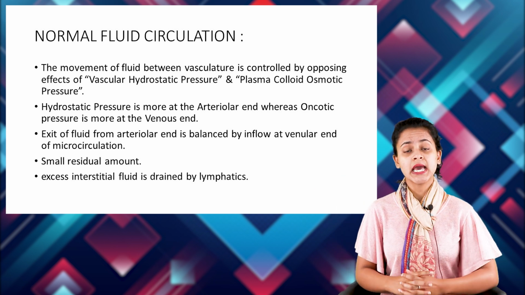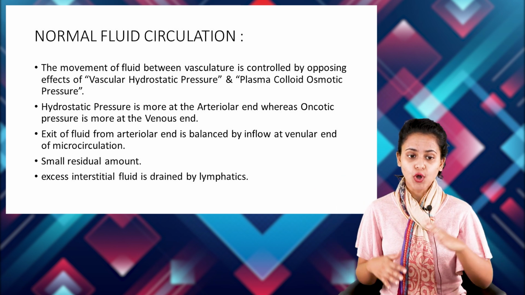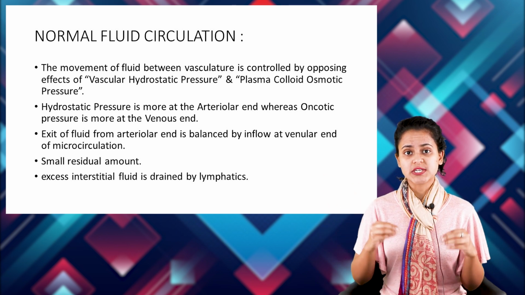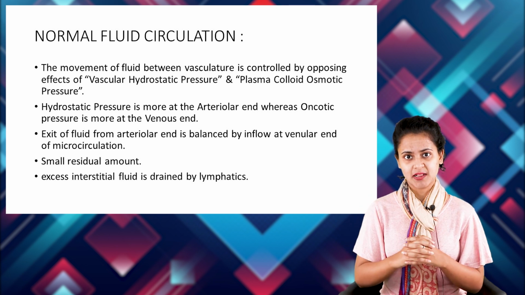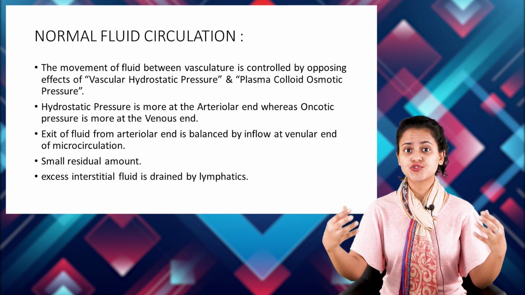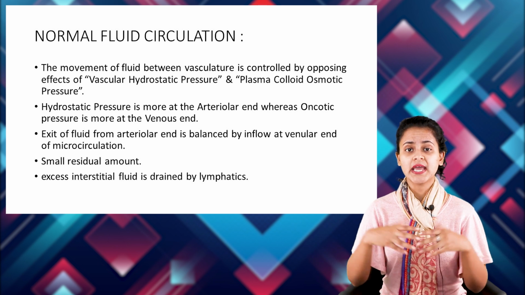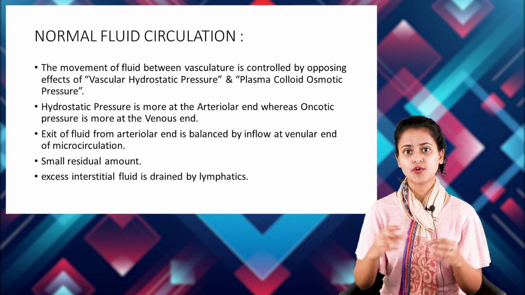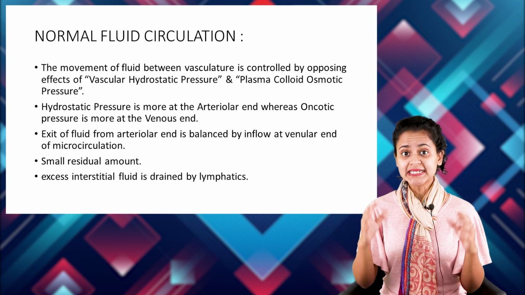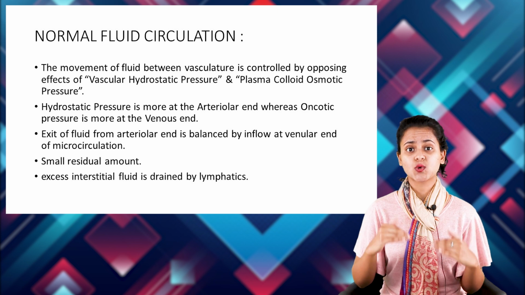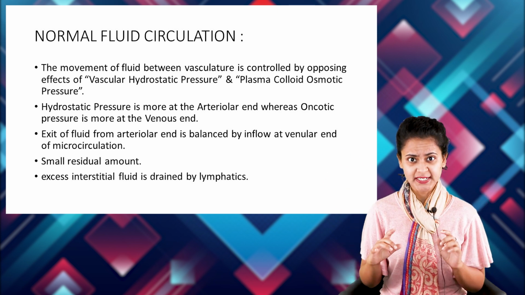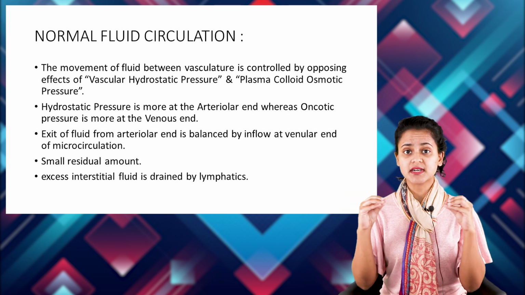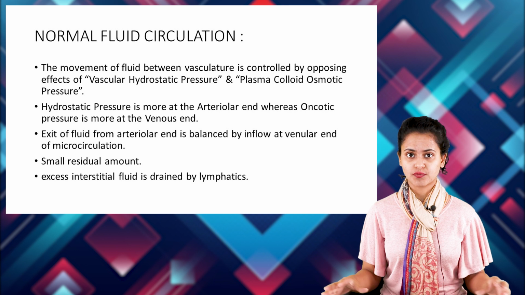Whereas at the venular end, the oncotic pressure is higher. As the oncotic pressure is higher here, it helps the venules withdraw the fluids from the extravascular spaces which escaped from the arterioles. That is how fluid travels through the arteries as well as the veins, and is circulated and regulated all over the body.